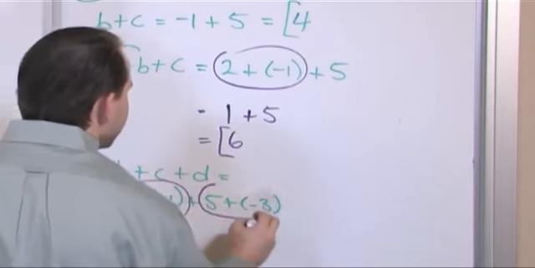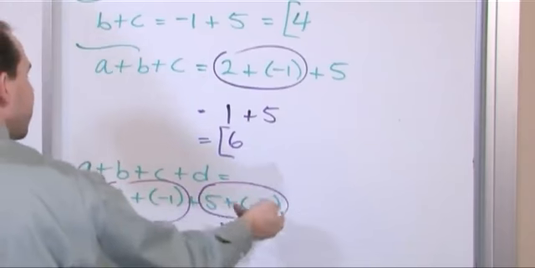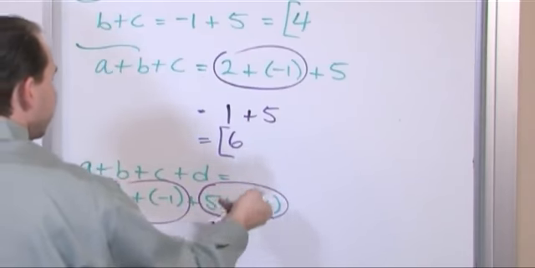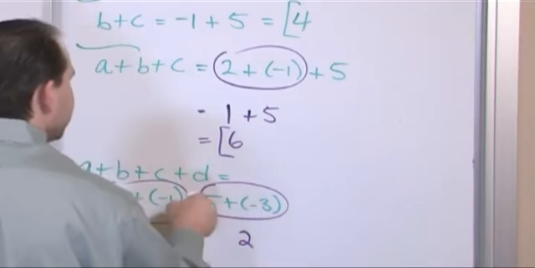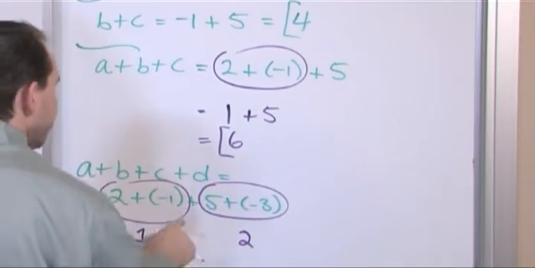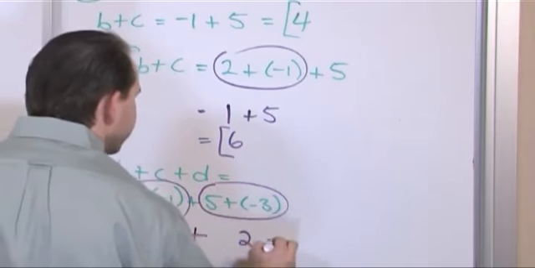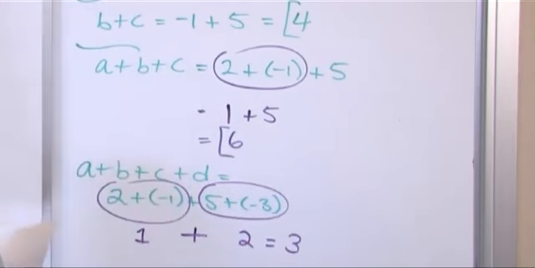You can then add these numbers together if you want. So 5 plus -3, they're different signs, so you subtract them. 5 minus 3 gives me 2, and the sign comes from the bigger number, so it stays positive. And these two things are added together, so 1 plus 2 is 3, so the answer is 3.